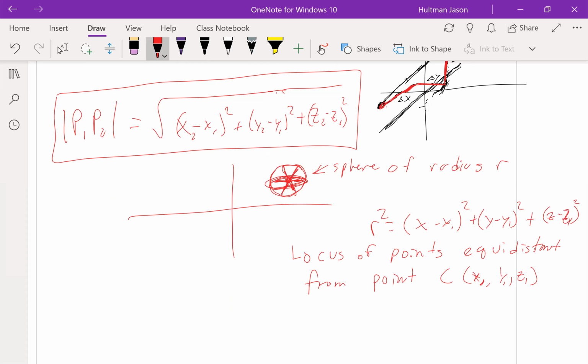Why am I calling this point C? Why is that point C there?